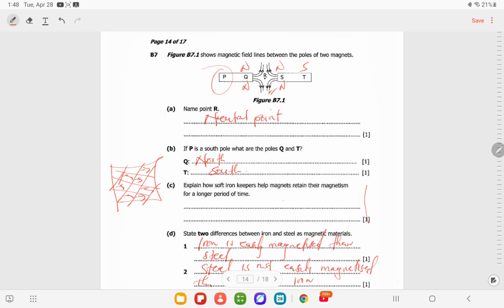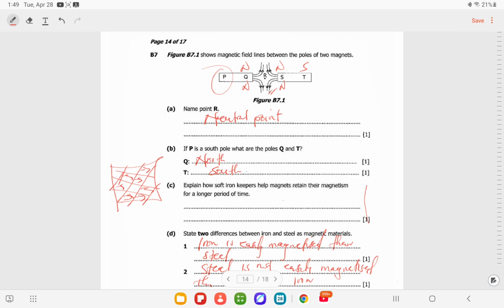According to domain theory, once this iron is magnetized, these particles quickly realign themselves very fast compared to steel, hence proving that iron is easily magnetized and easily demagnetized, while steel is hard to magnetize and hard to demagnetize.